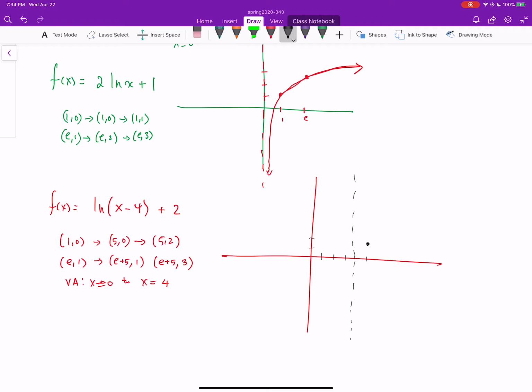And then I also have e plus 4. E is 2.7, so that puts it at 6 point something, a little bit after 6. And then go up 2 places. So the graph looks something like this. In both cases, these are all sketches.